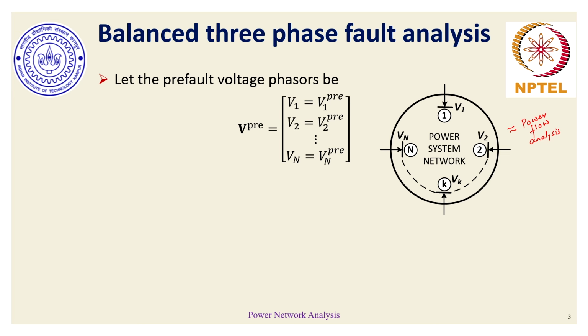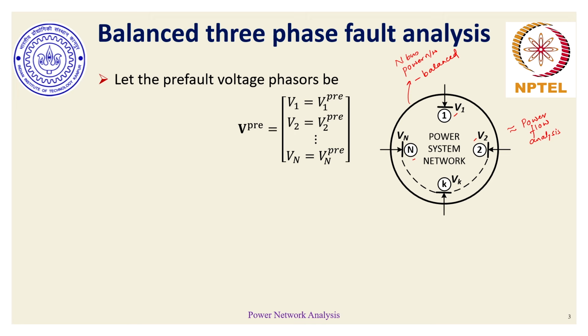What we have here is an n-bus network where buses are numbered from bus 1, bus 2, till bus n. And this n-bus power network is operating in a balanced condition. We have talked about balanced and unbalanced a bit in the basic circuit principles lectures.